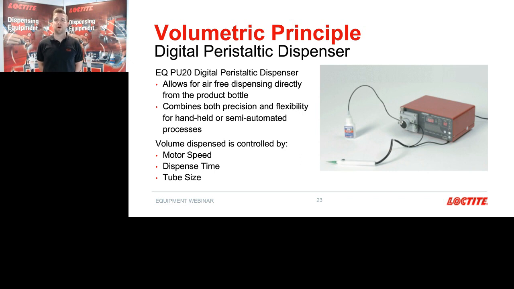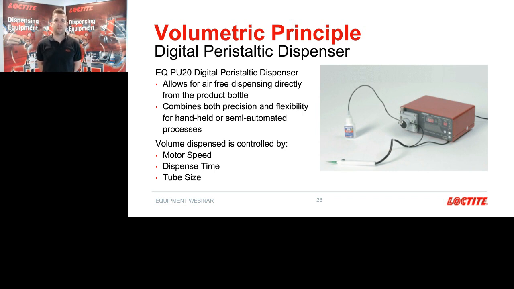Now, the operator can hold the pen in their hand and press the button to trigger the dispense, and then place the adhesive manually where it's required. Also, it's entirely possible to put the pen onto perhaps a robot or some other method of manipulating the head, and the placement of the tip is then done automatically or semi-automatically. So it's flexible in that it can be used for both approaches.